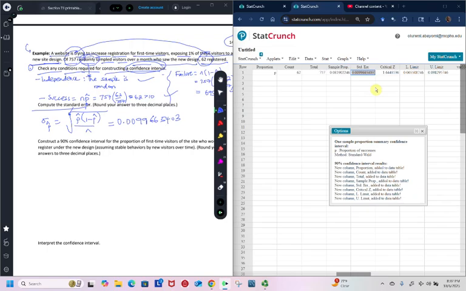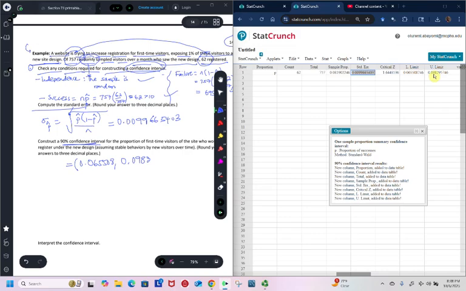And we're told that a 90% confidence interval should be constructed. We have the lower limit here and the upper limit here. So that will be 0.065508 and 0.098296.